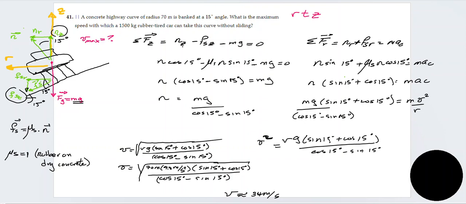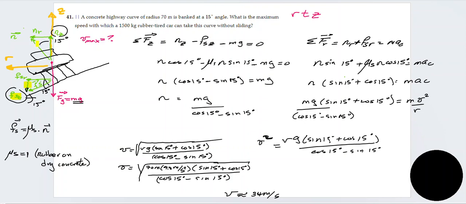So now the z component of the normal force will be N, normal force, cosine of 15 degrees, because it's the adjacent side to the angle of 15 degrees we have here, minus the z component of the force of static friction, which will be mu_s times the normal times the sine of 15 degrees, because this component is just opposite to the angle of 15 degrees.